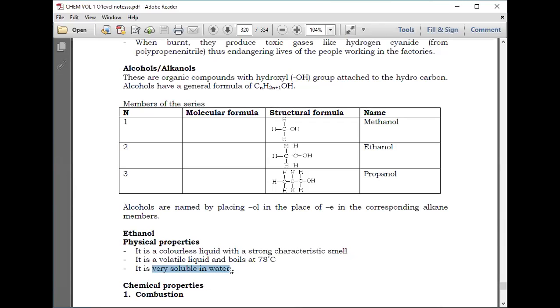Who can tell me one word to mean that ethanol is soluble in water? What name do we give to those two liquids which dissolve in each other to form a uniform solution?